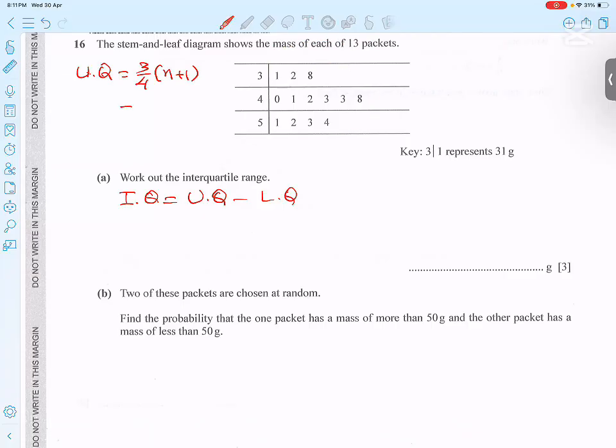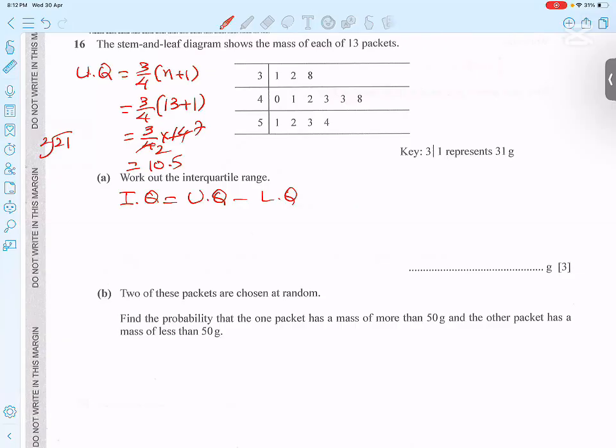So you get 13 plus 1, 14. So it becomes 14. So 3 times 14 over 4, so 2 times 2, 7. So 21 by 2. If I check it, 10.5. So 10.5 you get from here.